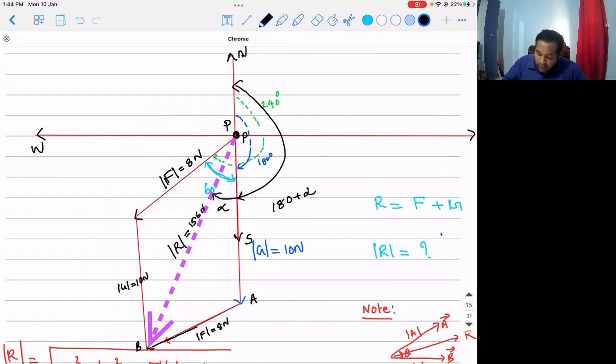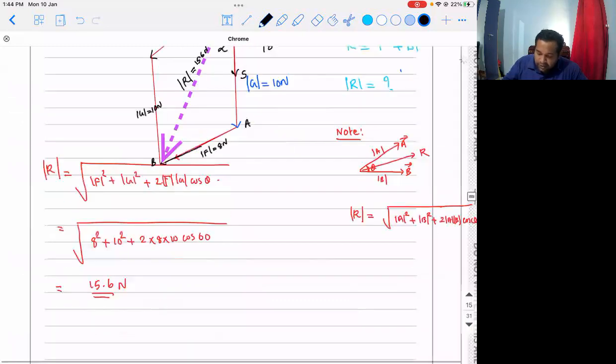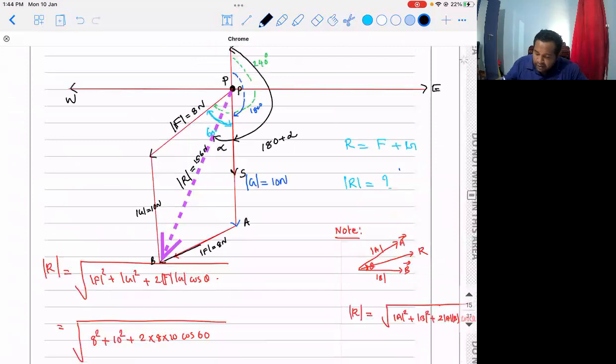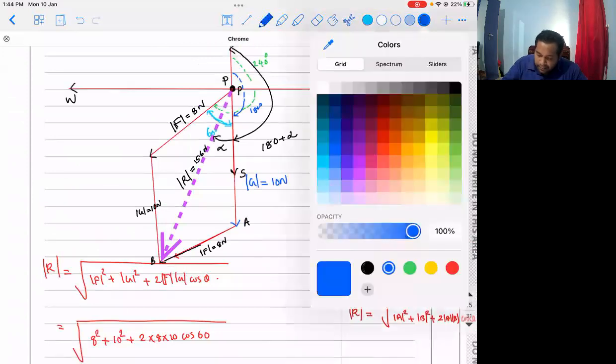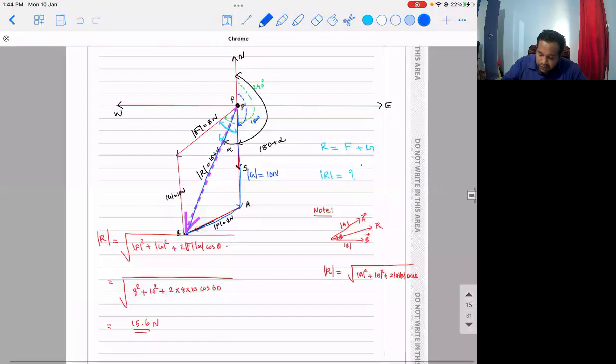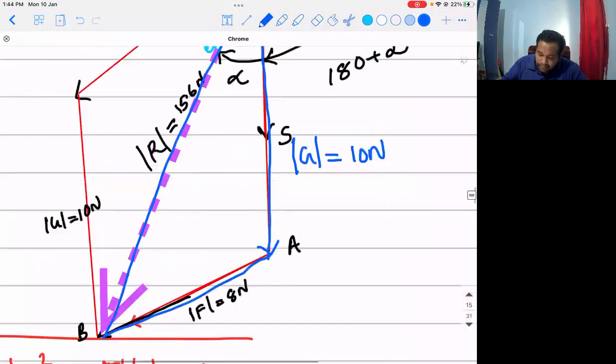I would like to spotlight that triangle over here. So I will separately draw that triangle over here. This is our triangle.